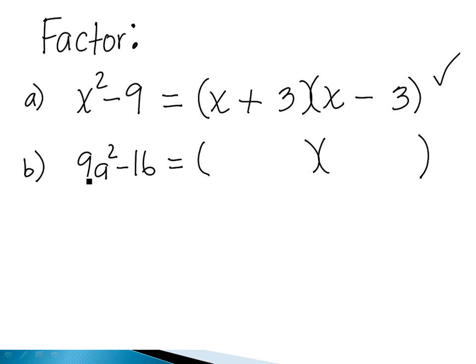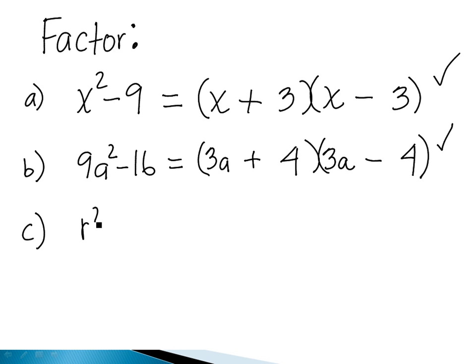The square root of 9a squared is 3a, because 3a times 3a is 9a squared. The square root of 16 is 4, because 4 times 4 is 16. Then we're going to put a plus and a minus sign, or minus plus. Done. Moving on to the next problem.